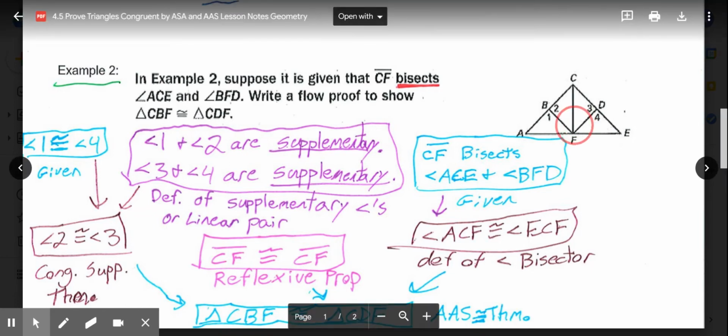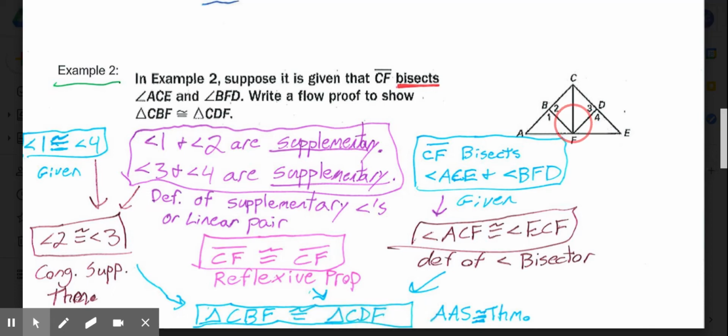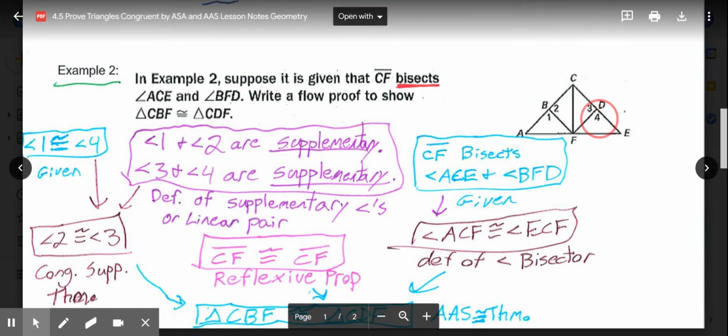So that tells me these 2 little angles down here are equal, and these 2 up here are equal. So what else do we know? Well, we know angle 1 is going to be equal to angle 4. How do I know that angle 1 is equal to angle 4? I know that based on some of the other information along these bisectors.